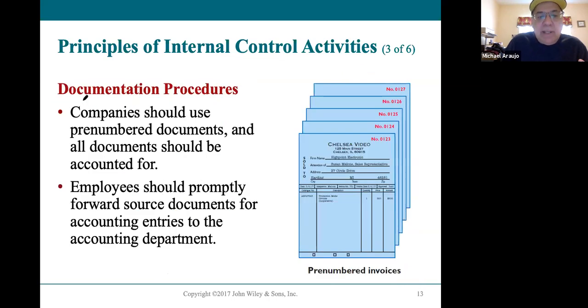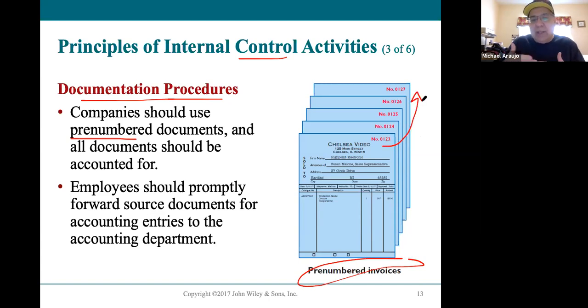Of course, companies use a lot of documents to make sure that things are controlled, right? A lot of companies will use pre-numbered documents and make sure that everything is accounted for. Here you have all these invoices that are pre-numbered, right? They're going to make sure that these numbers are followed and everything is accounted for.